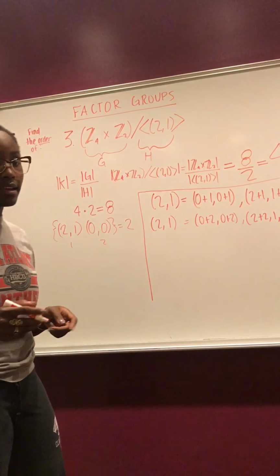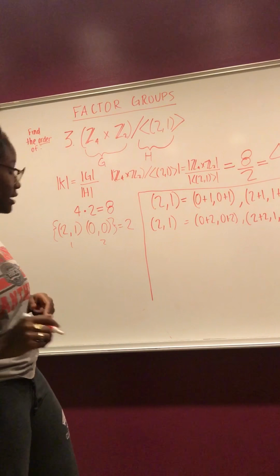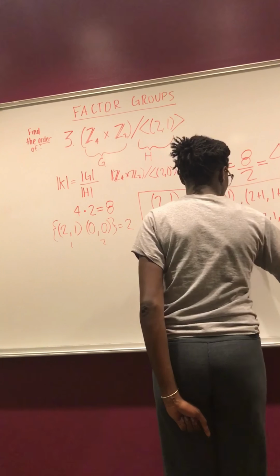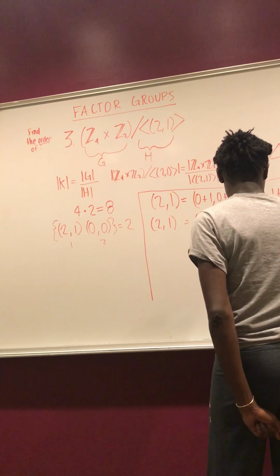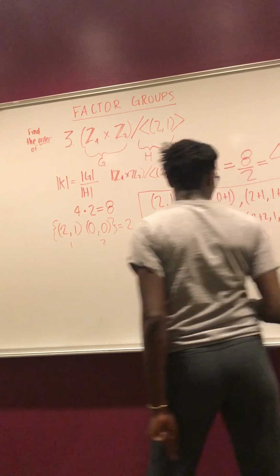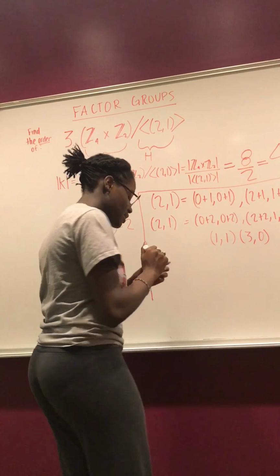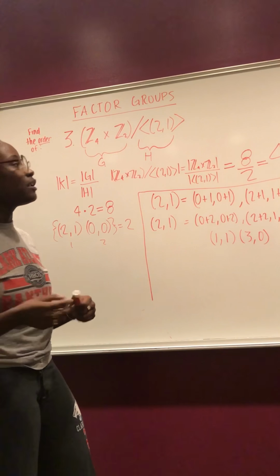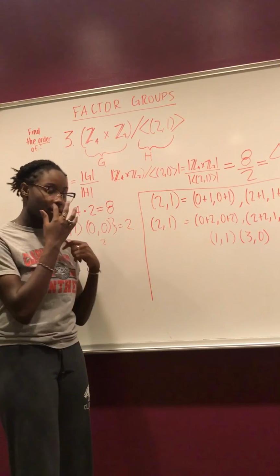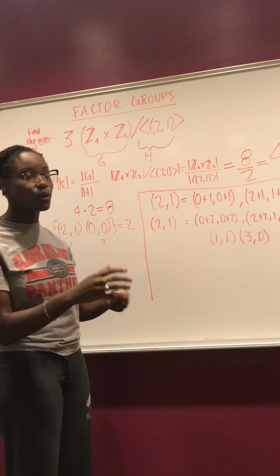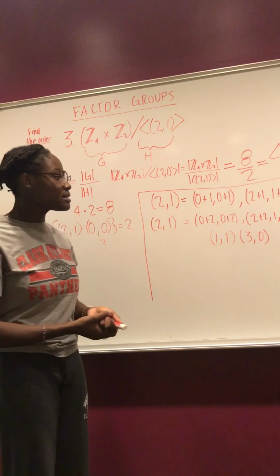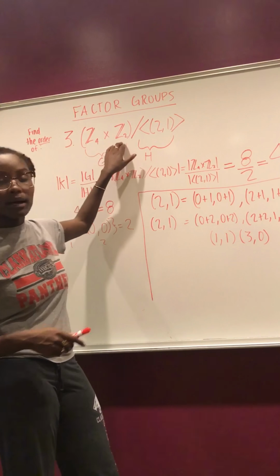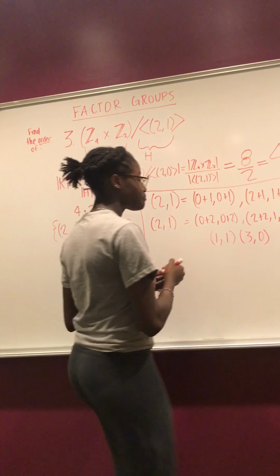All right, and then after doing some quick addition, we will end up with 1, 1, 3, 0. Again, this is going to be modular addition. Modulo addition is the binary operation for factor groups, so that's what we're going to be seeing throughout this whole problem-solving process. And so here when we added 1 plus 1, that gives us 2. However, that's 2 mod 2, which is 0.